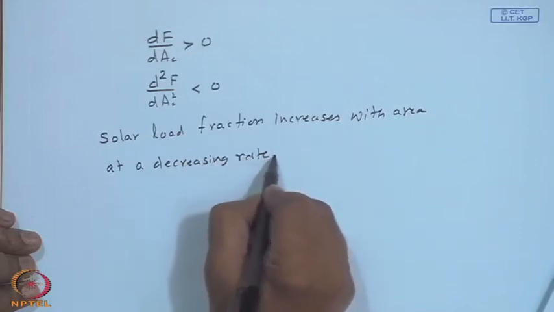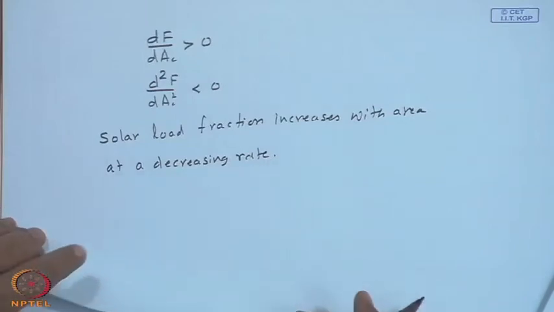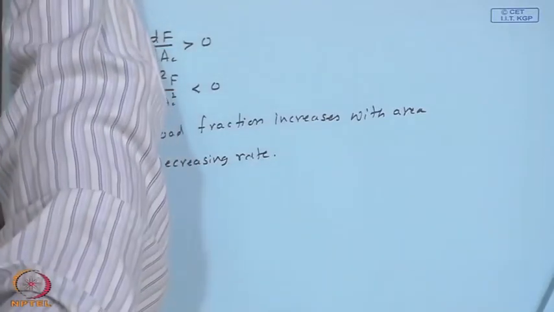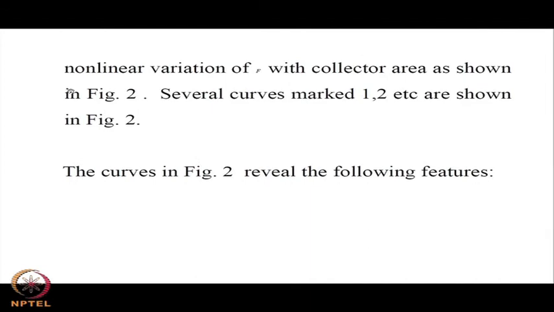That is the physical meaning of the first derivative being positive and the second derivative being negative. So, first of all it is nonlinear. The reason for nonlinearity is expressed. So, we have marked the curves as 1, 2, 3, 4 like that.